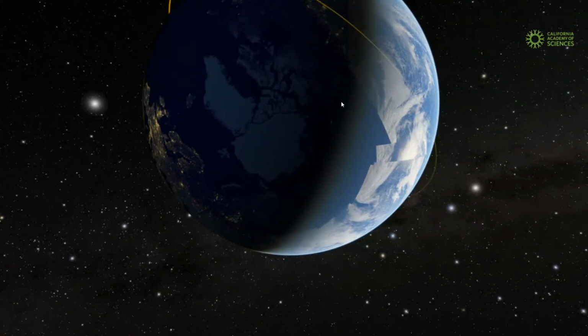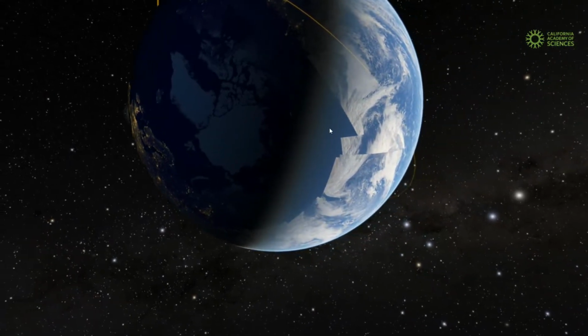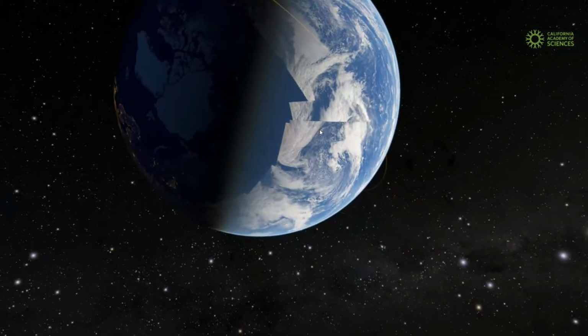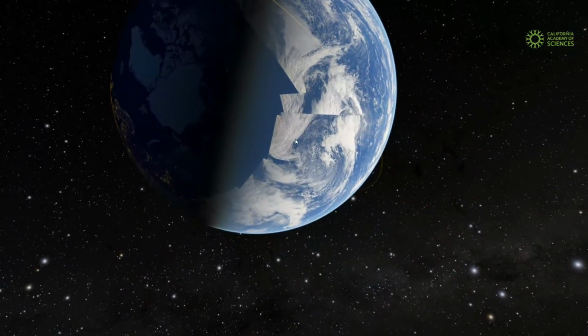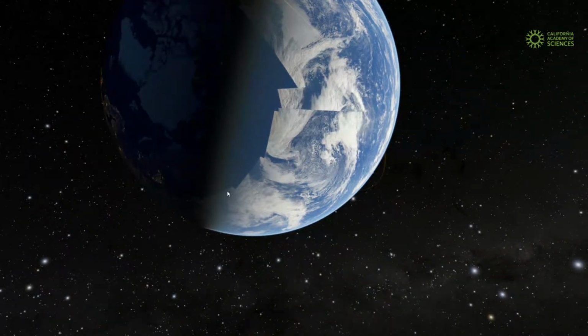And then you can also see this absence of cloud cover here. It's not because there are no clouds there. It's just because the satellite that's used to take this imagery hasn't covered that part of the Earth, because that part of the Earth is in darkness for a significant part of the day.